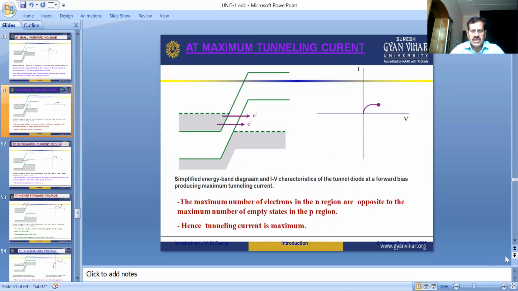This is the region of maximum tunneling current. Because we know that in the P region the majority charge carriers are holes, and in the N region the majority charge carriers are electrons. So hence tunneling current is maximum in this condition.